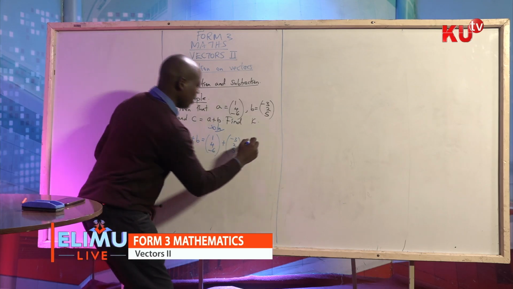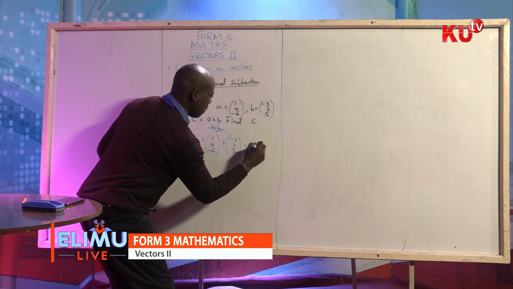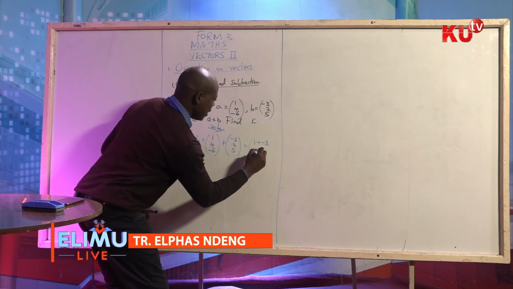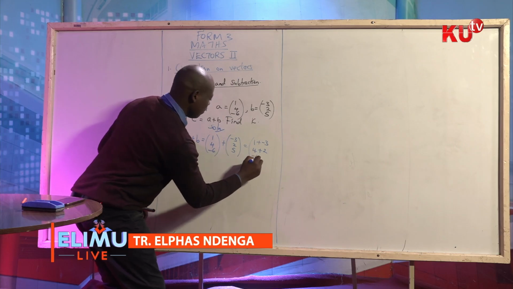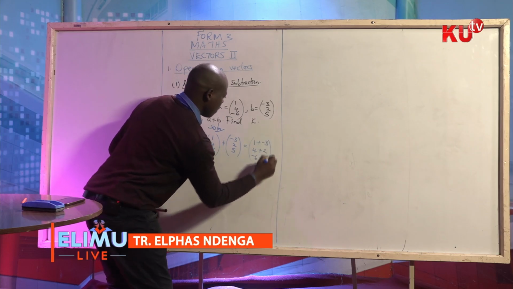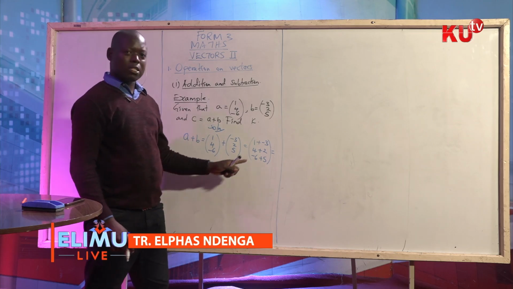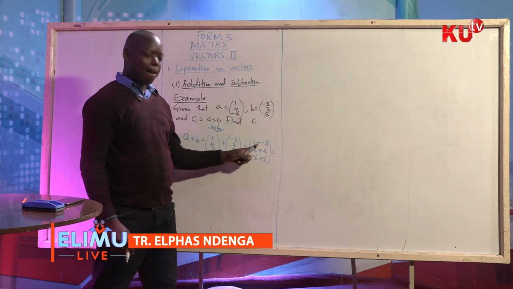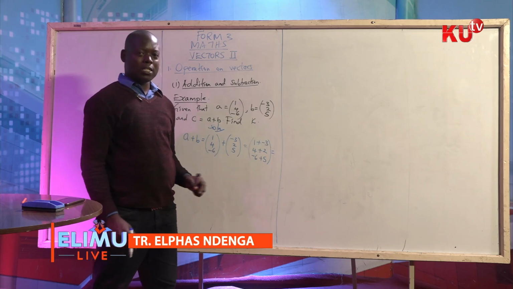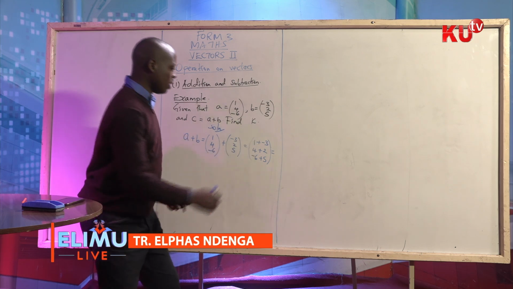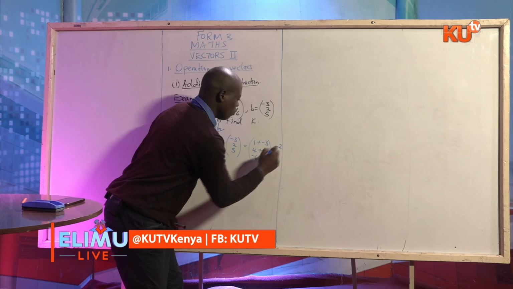So I'll have 1 plus negative 3, 4 plus 2, and negative 6 plus 5. When we have 1 plus negative 3, what is the result? Good. The answer is negative 2.